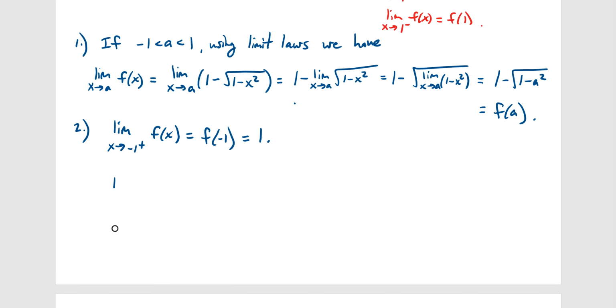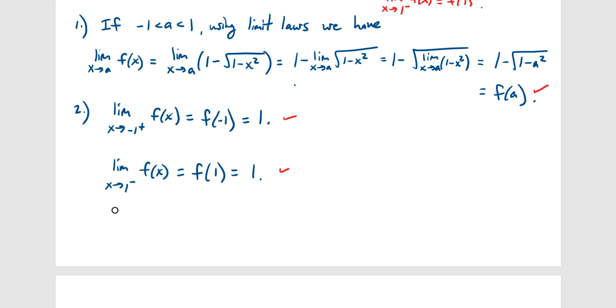And same thing for the limit as x approaches 1 from the left of f of x. We're supposed to show that that equals f of 1. I'll leave that as a calculation for you guys once again, and this will also equal a value of 1. So those values did not have to be equal, they just happen to be equal. So we have check, check, and check. Since we have those three things satisfied, that means this function is continuous over that interval.